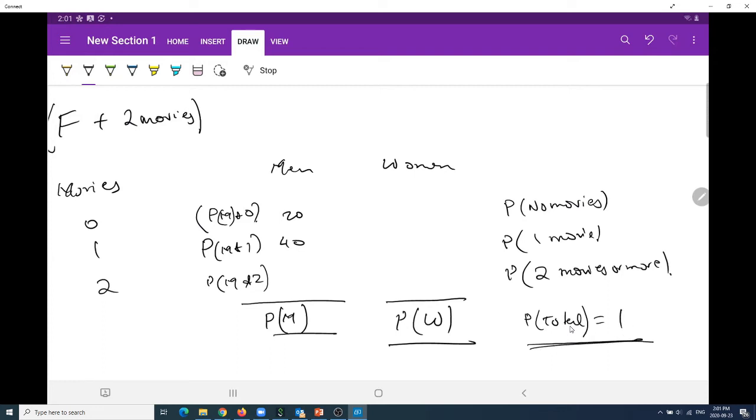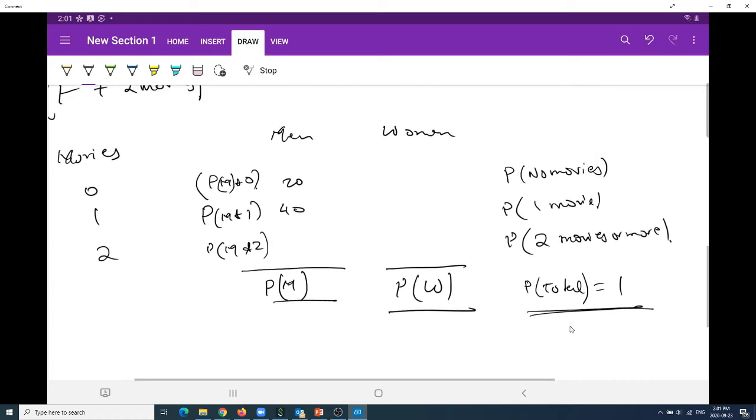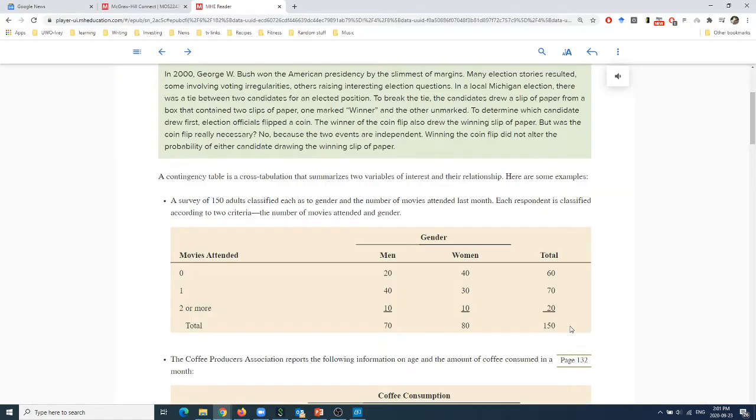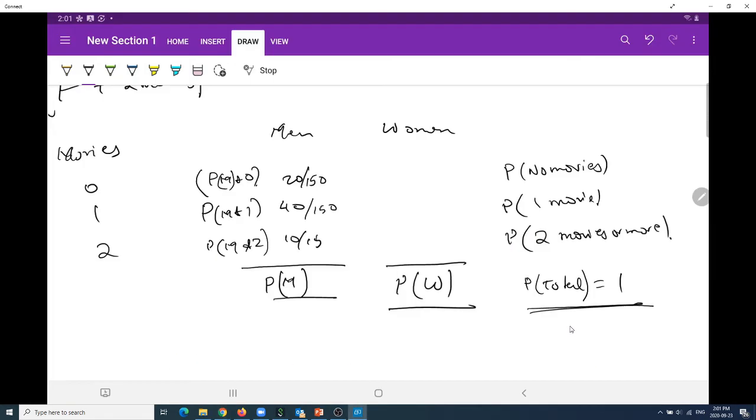When you make this a relative frequency table, the probability of man and 0 movies is going to be 20 divided by 150. It's going to be 40 divided by 150, and this is 10 divided by 150, and you get the idea.